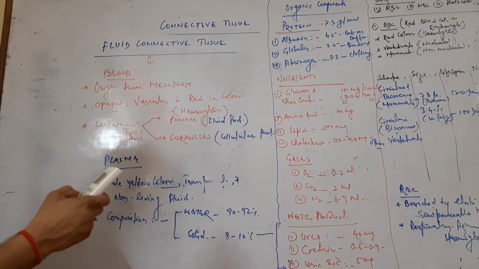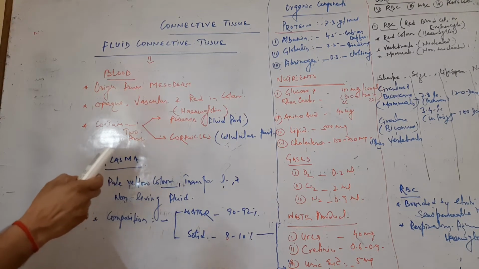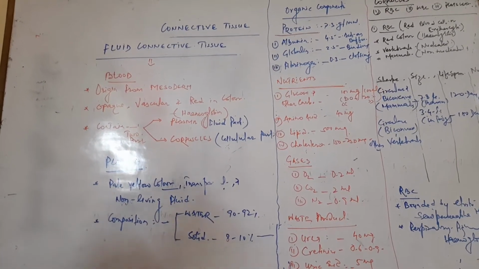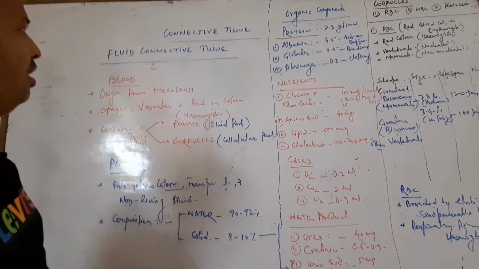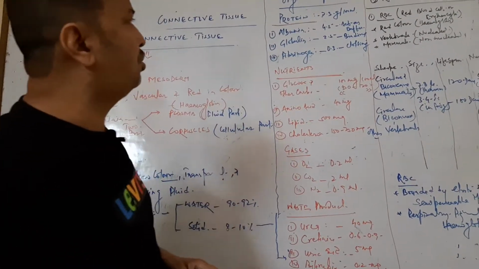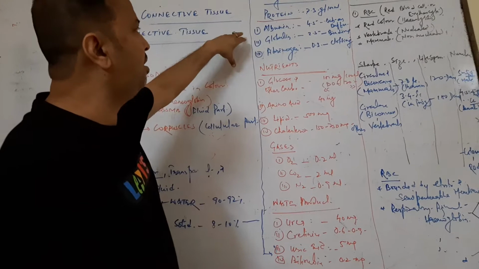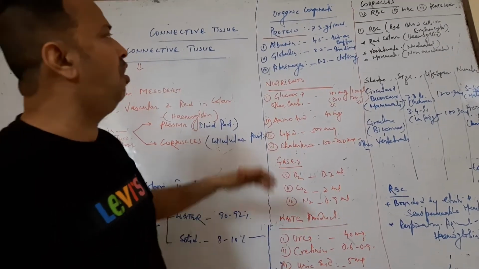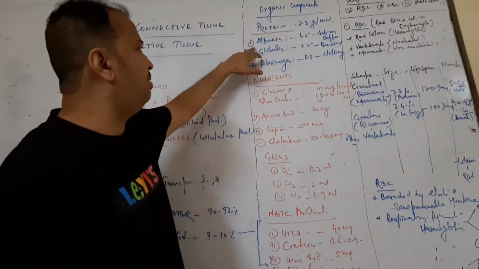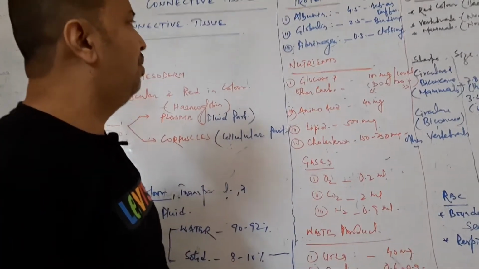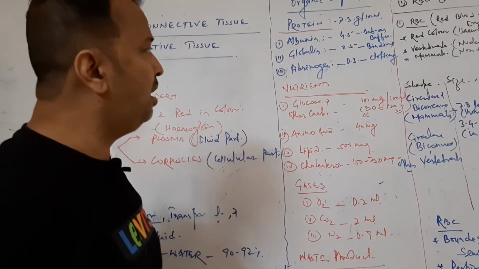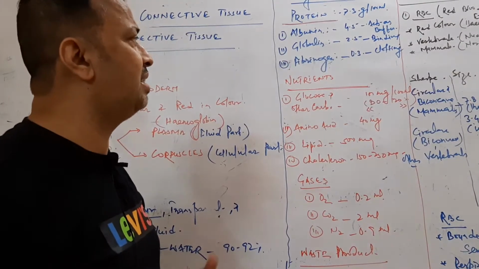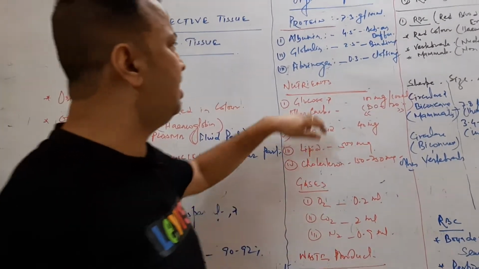Now we start the blood composition. First, the organic constituents in blood. Mainly the organic constituent is protein. There are three types of protein formed in the liver: albumin, which acts as a buffer, globulin, which helps in binding, and fibrinogen, which helps in clot formation.